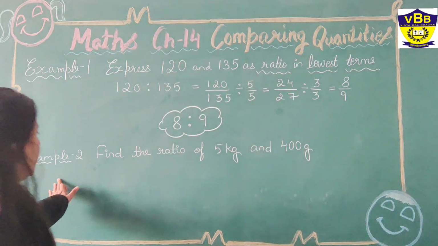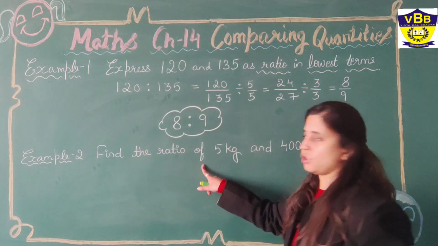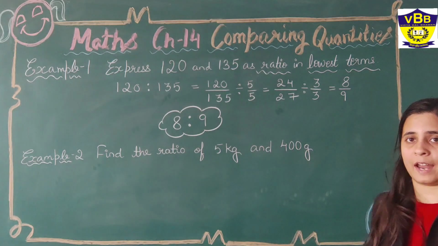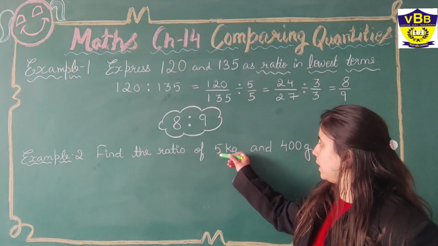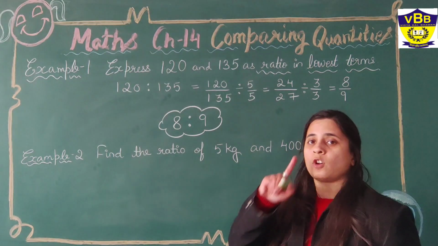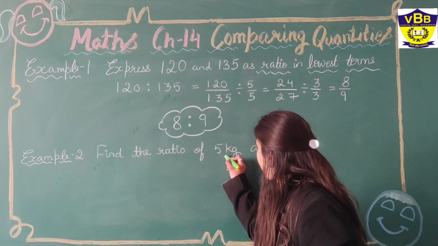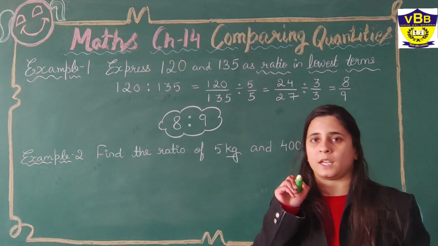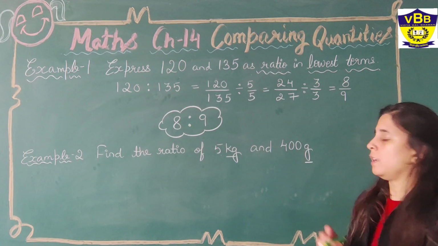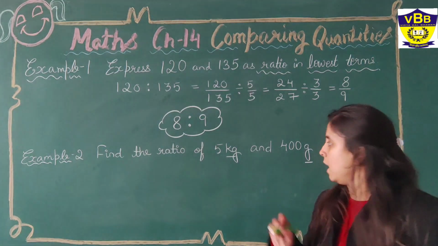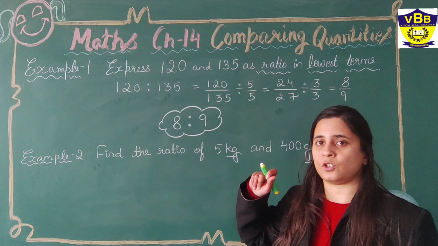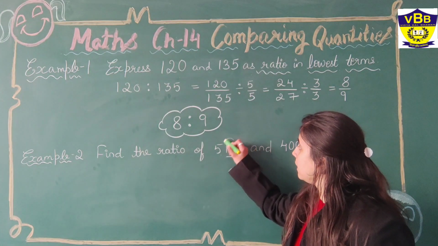Example number 2 says: find the ratio of 5 kg and 400 gram. Now focus here and see that 5 is given in the unit kg, whereas 400 is given in the unit gram. Just now, I informed you that while writing the numbers in a ratio, the units should be the same.